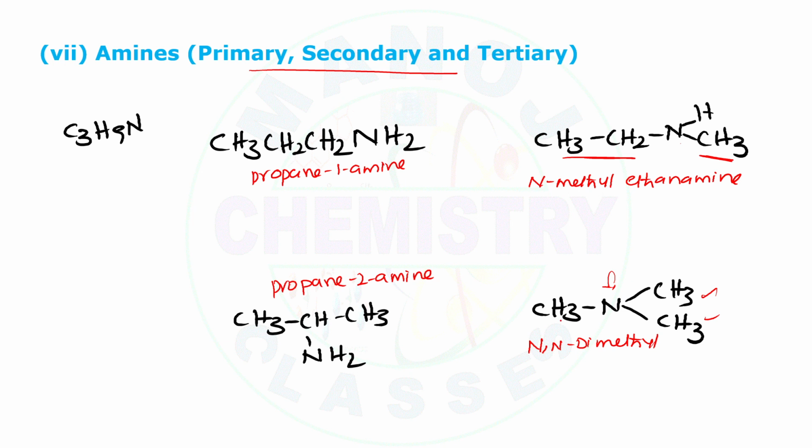So that's why N,N-dimethylmethanamine, which is a tertiary amine. This one is secondary, this one is primary, and this one is primary. All these primary, secondary and tertiary amines are functional isomers.